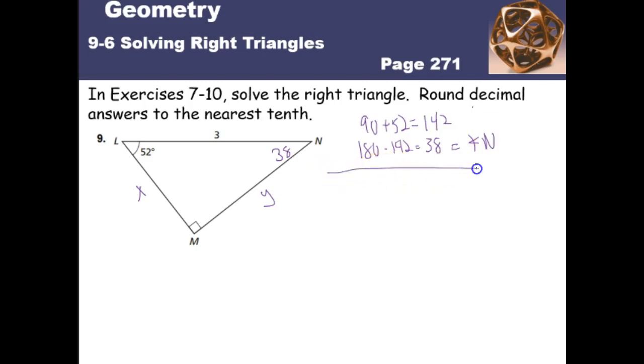Okay, now to find the two missing sides, I cannot use the Pythagorean theorem because I'm missing two sides. So let's start with X. So let me get a new color. Let me write SOHCAHTOA up here.